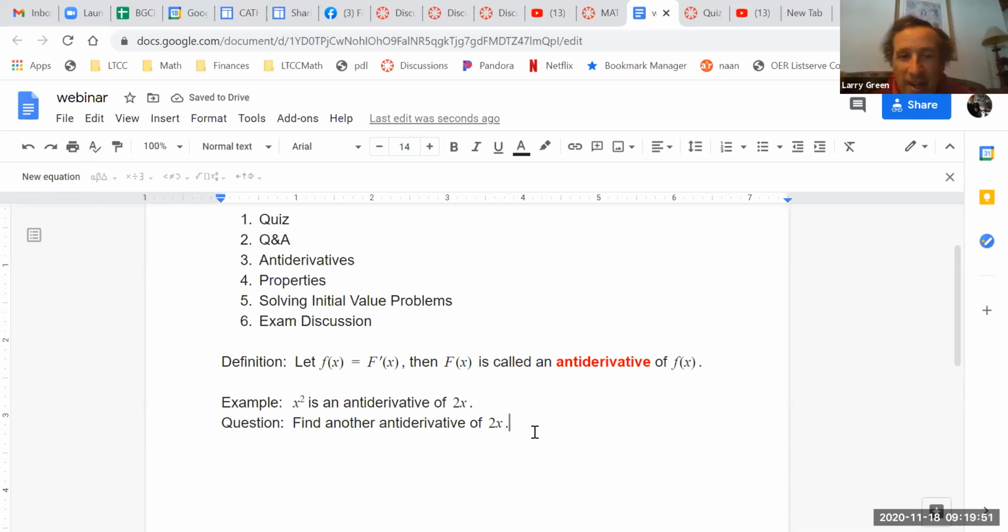So find another antiderivative of 2x. X squared is one. Can you find another? Okay, find another antiderivative. One half x to the 4th is not, because if I take a derivative of one half x to the 4th, I get 2x cubed. I didn't get 2x. You have to get 2x.